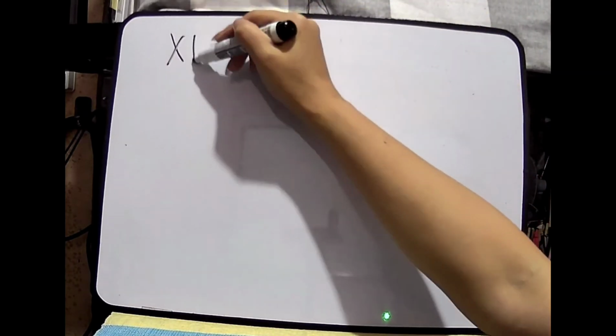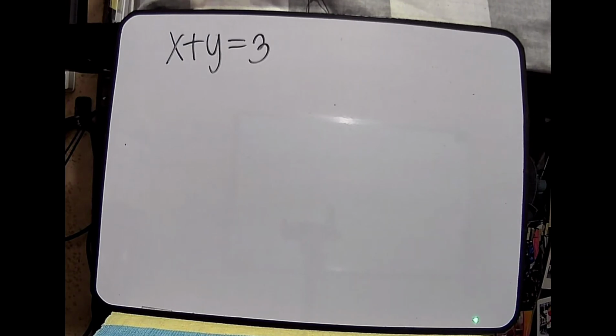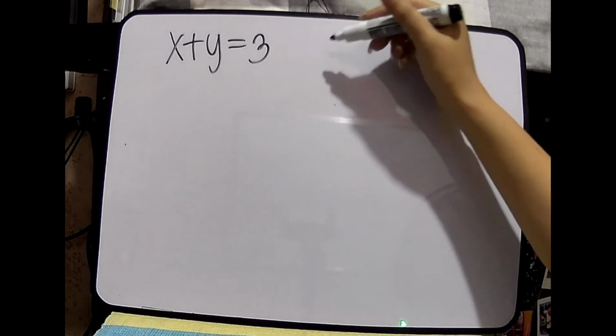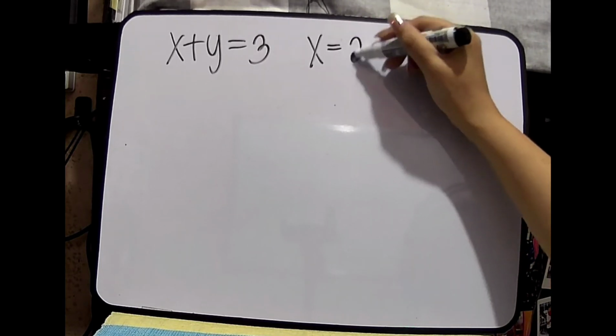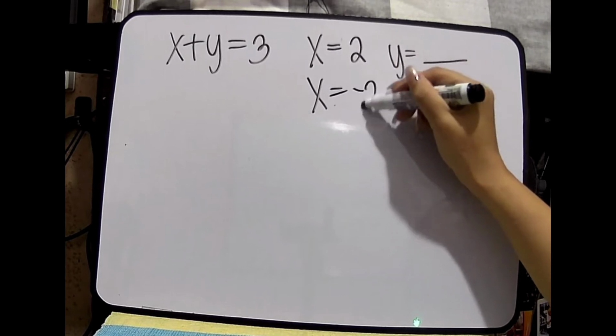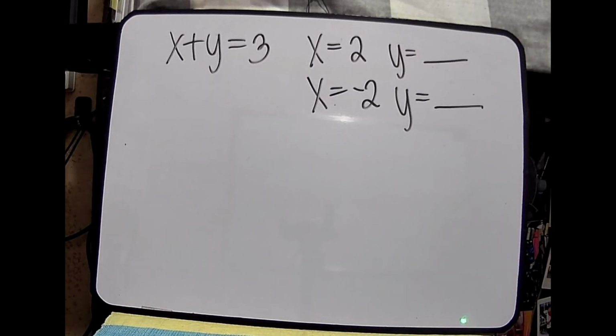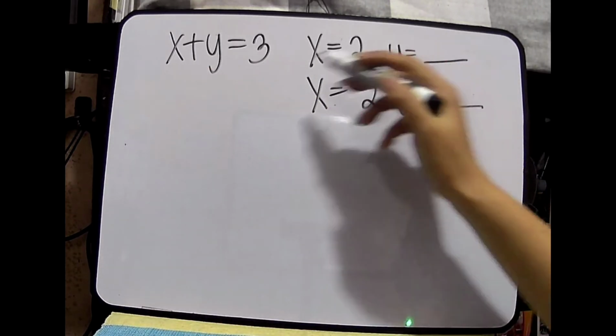Okay. Let's say that our equation is x plus y is equals to 3. And dahil two-point method yung gagawin, maglalet tayo ng value for x. And let's say I will be using x is equals to positive 2 and then I will be looking for y. So we will just be substituting that value.